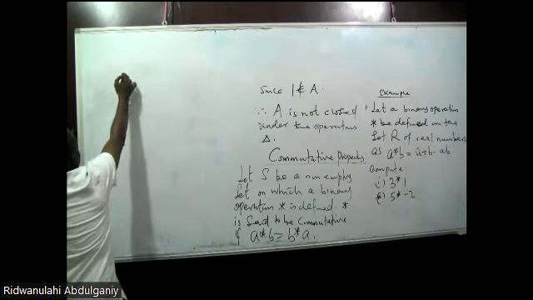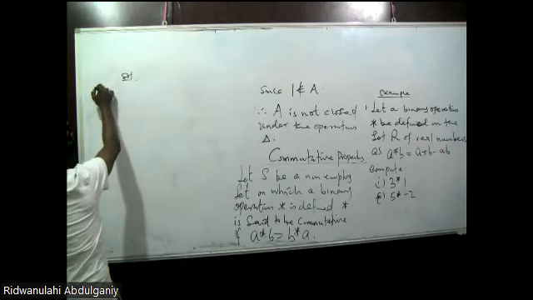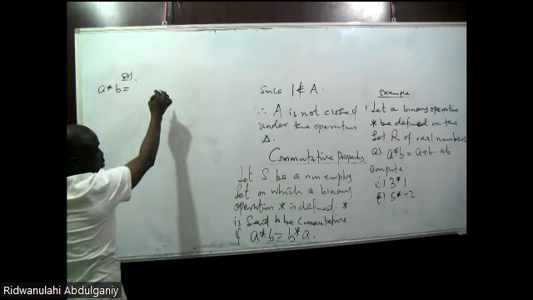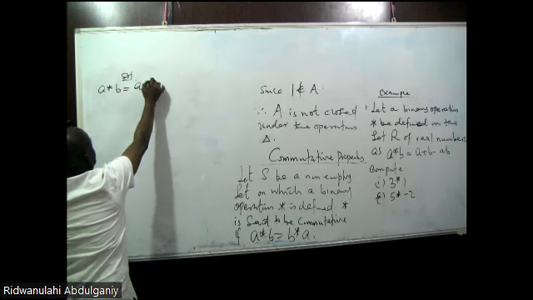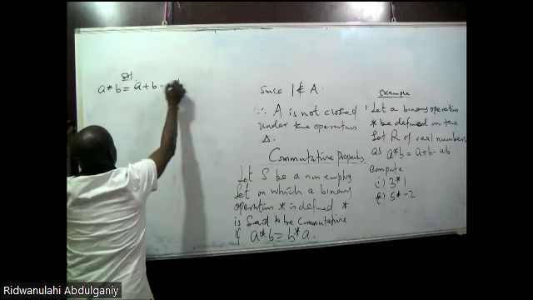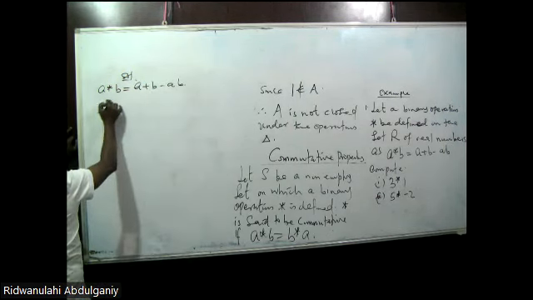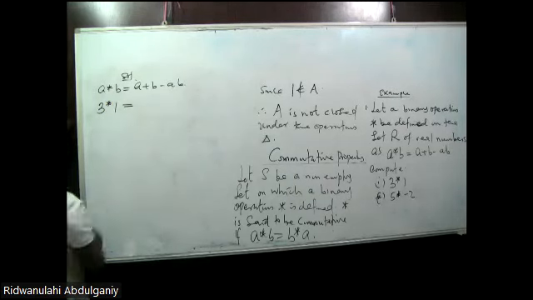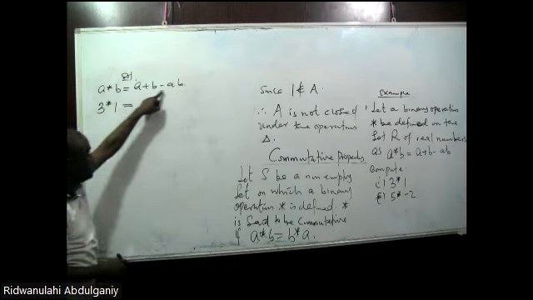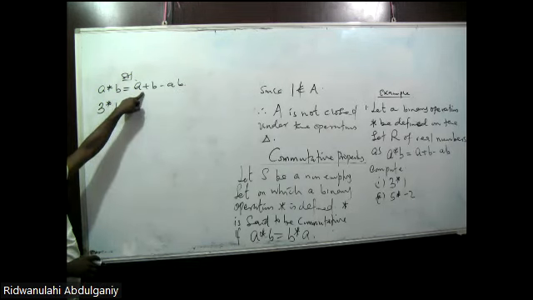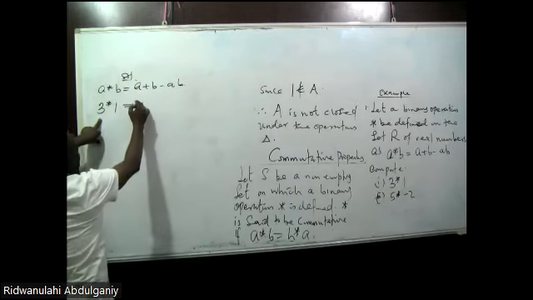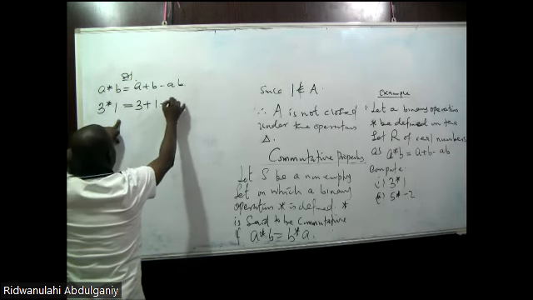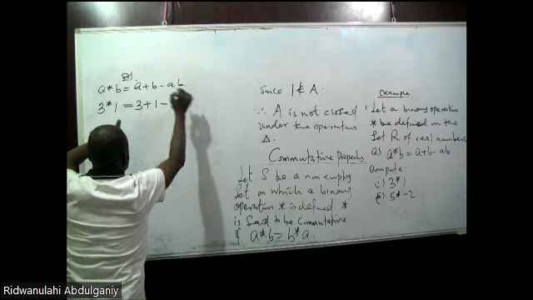Solution. I have first element operation second element as first plus second minus their product. So if I have 3 operation 1, our first element is 3. We go by definition now. This is the definition of the problem. So it will now be first element plus second element minus first multiplied by second.